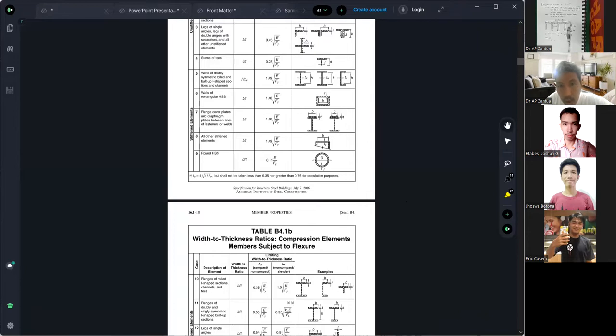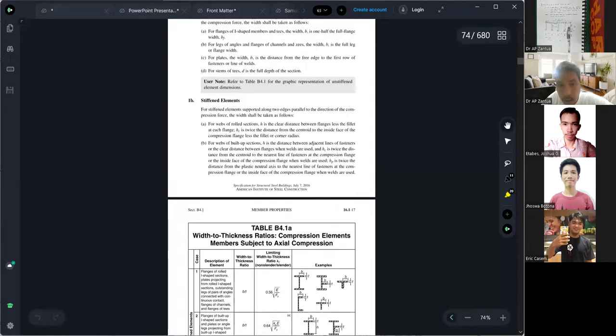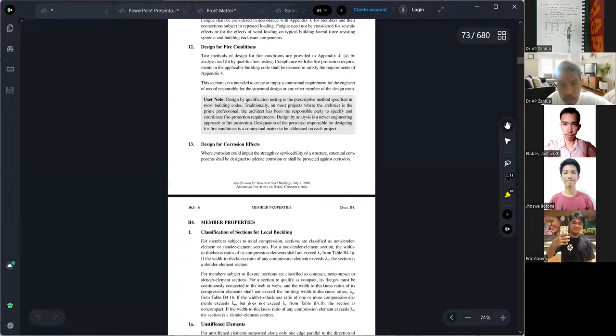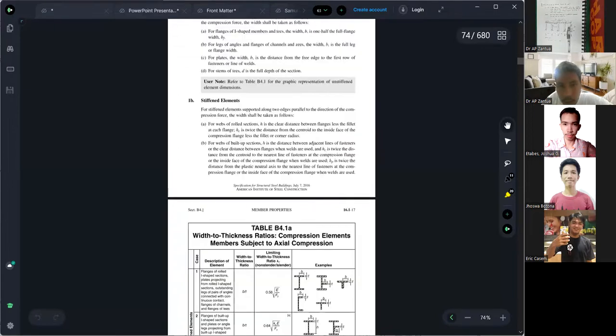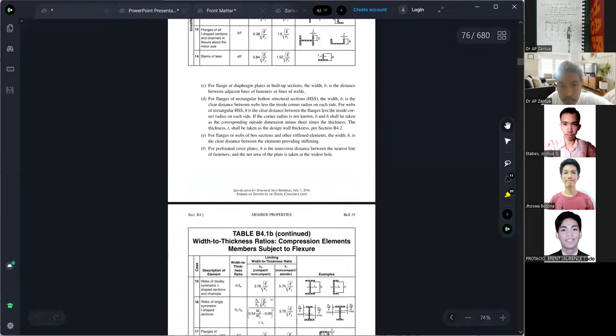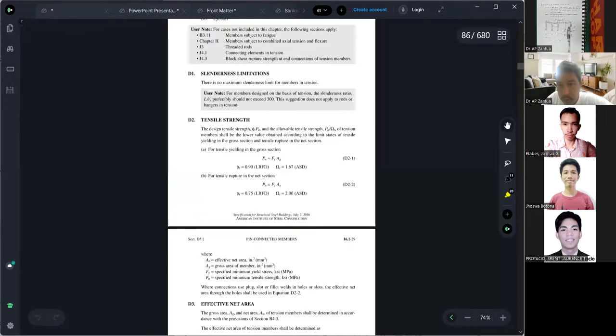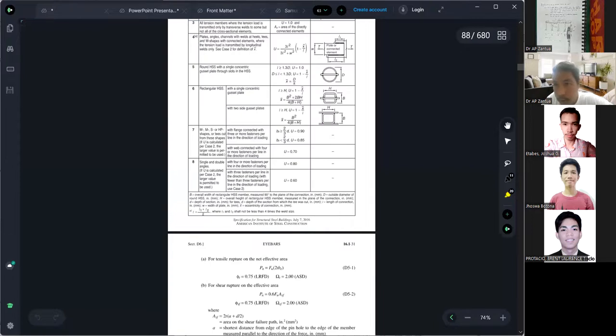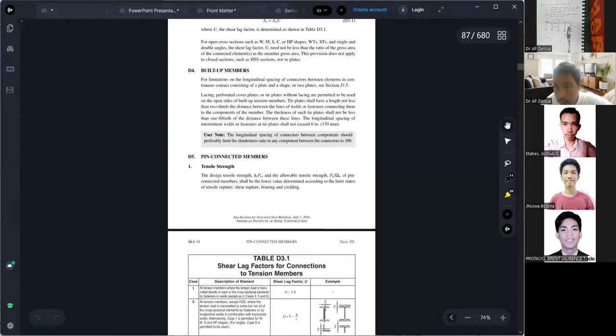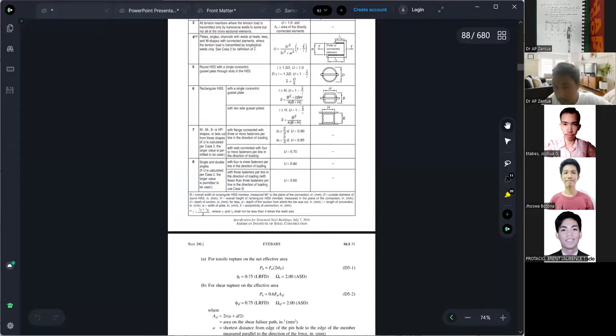This is table what? Table 4.1. This is what we are looking for. Section. We want to know the section of this particular one.